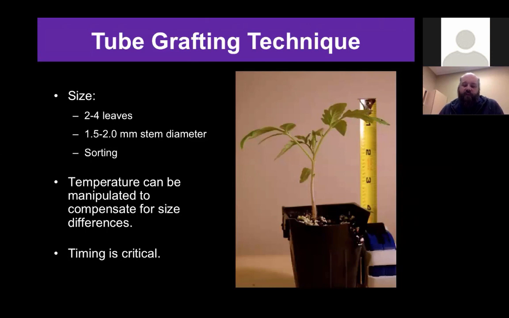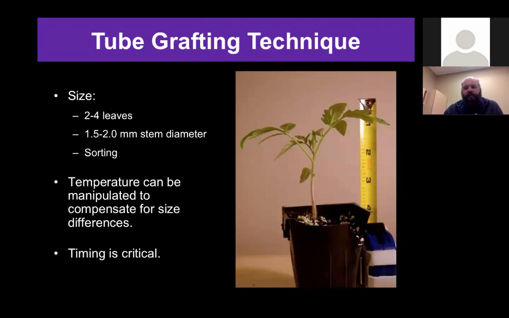So what we do in our greenhouse is we'll actually go out in the mornings, and we do this almost every morning this time of year, and go out and look at our rootstocks and our scions, and then we'll actually put whichever ones are growing a little bit faster than the others into our cool greenhouse, the one that gets down to 50 degrees at night. And so that's one of the ways that we can help manage those differences in growth rates.